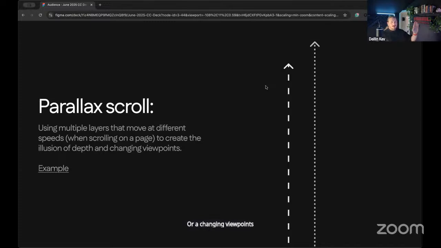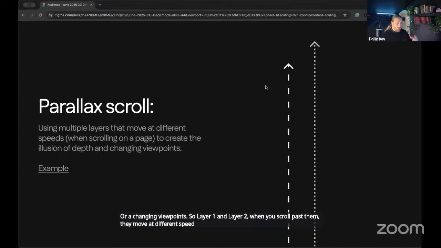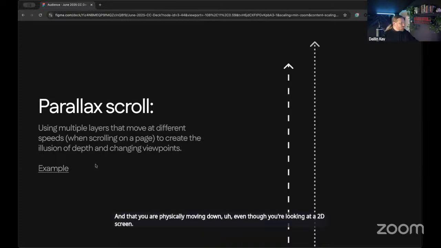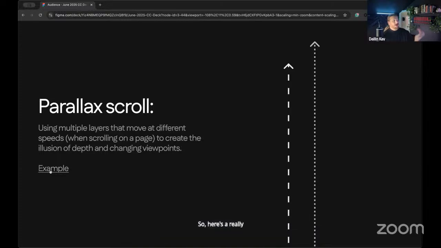So layer one and layer two, when you scroll past them, move at different speeds. Doing so creates the illusion that there is depth between them and that you are physically moving down, even though you're looking at a 2D screen. So here's a really good example of the parallax scroll.